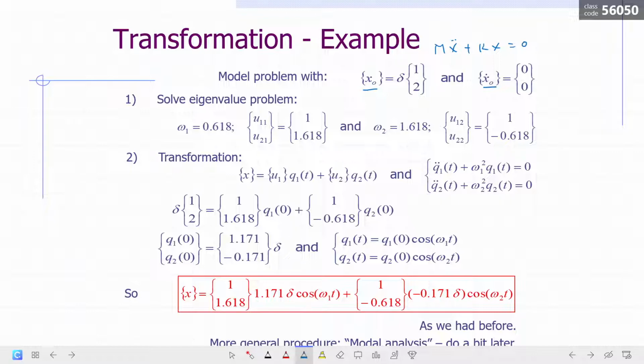And then we solve the eigenvalue problem. We use the same example that we learned before.